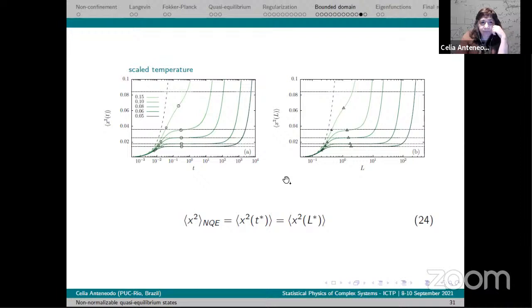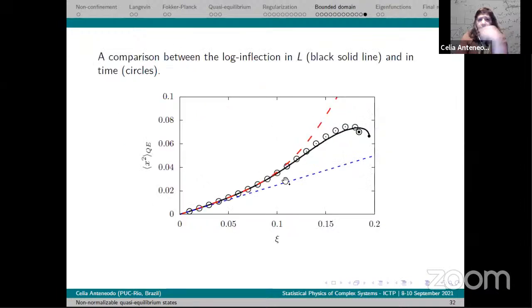So here is a comparison of the log inflection point obtained by the L perspective and the time perspective, the circles. This is the end where there are no more inflection points.